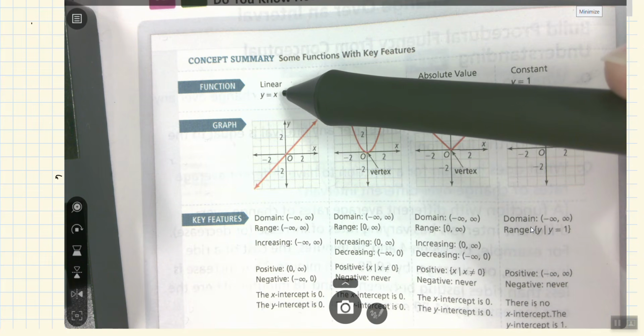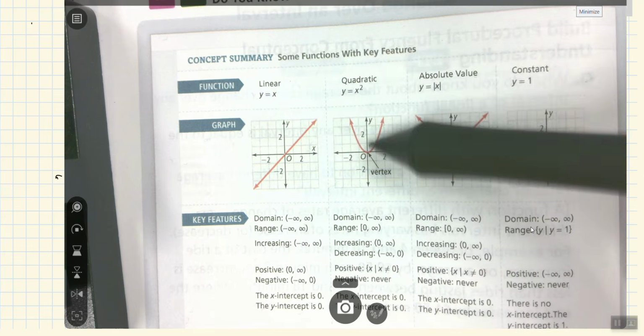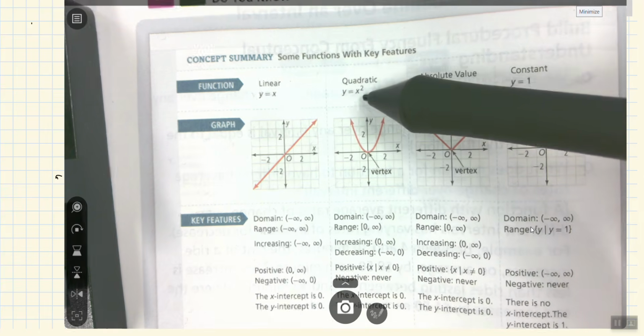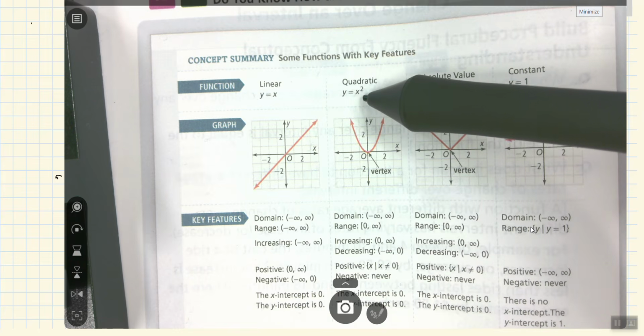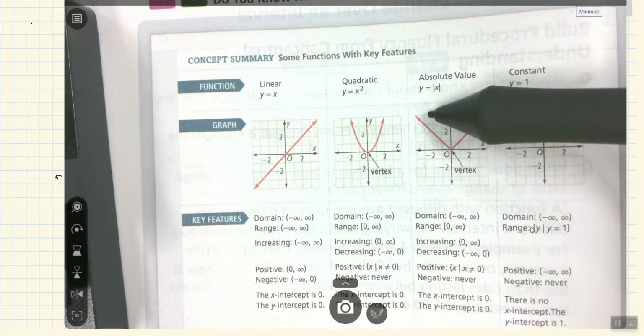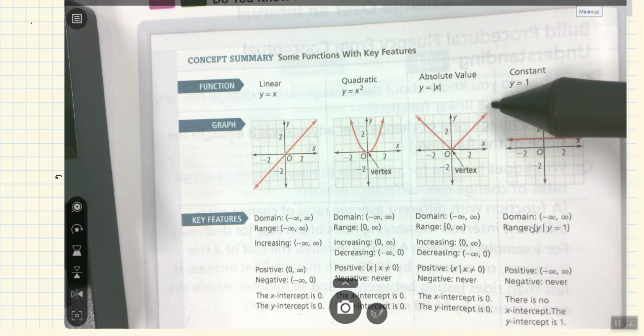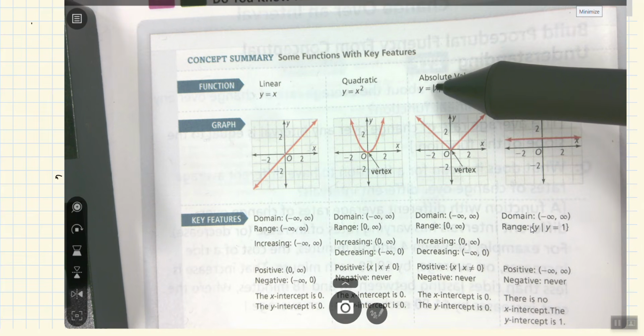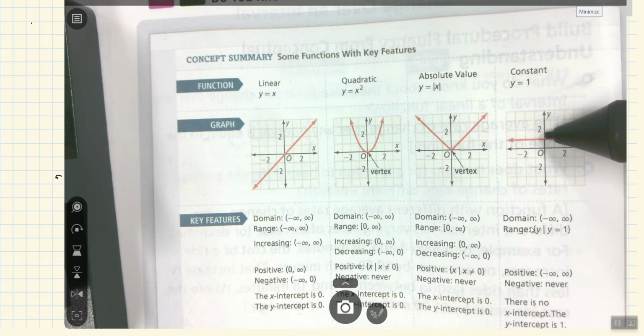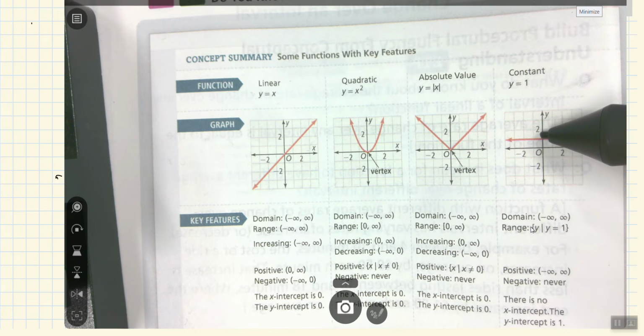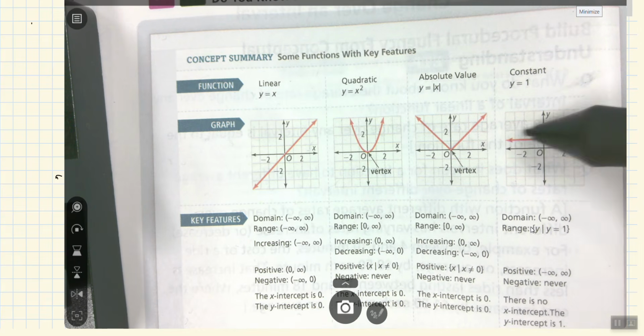This is the most basic function of that type. These parabolas, these are quadratics. The most basic of this type, these are called the parents, is x squared. The absolute value function we don't deal with a ton in here, but we certainly will see them. Its parent function is the absolute value of x. And we have these kind of boring, I would call these linear functions, but they don't change. They're just always the same, constants.